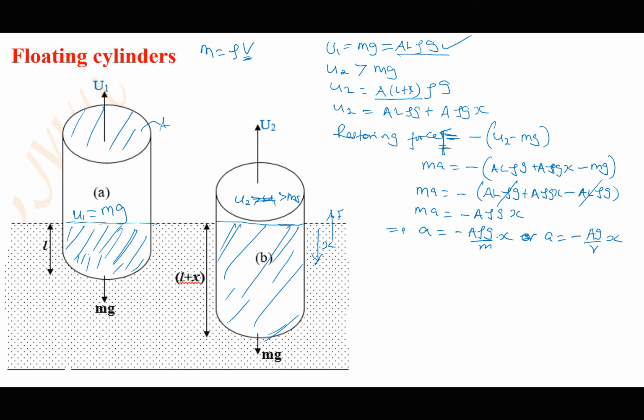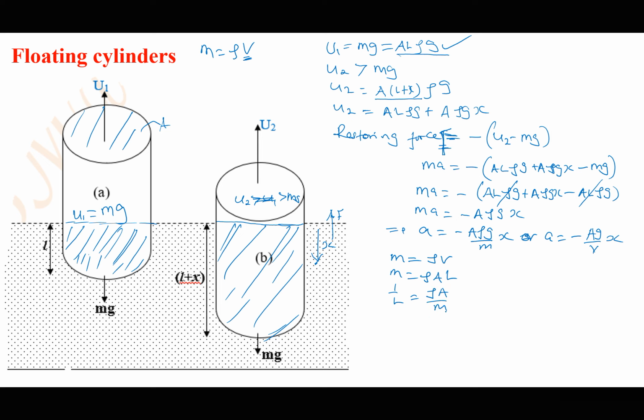Alternatively, we notice that mass equals density times volume, and mass is equal to density times cross-sectional area times L, because volume is A times L. If I want to take L on one side, I have 1 over L equal to rho A divided by m.